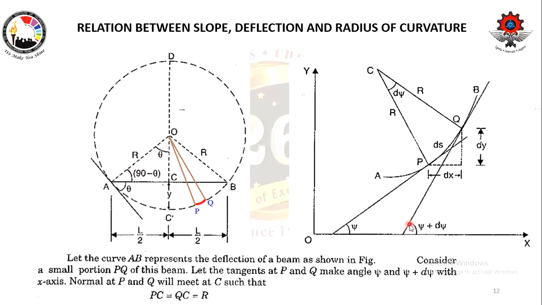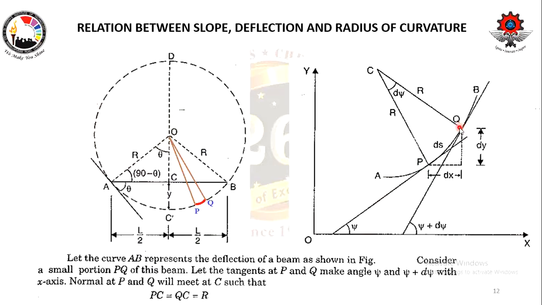If the tangent drawn from P makes an angle psi, the tangent drawn from the point Q is going to be psi plus d psi. Only a small change of angle from the actual angle.